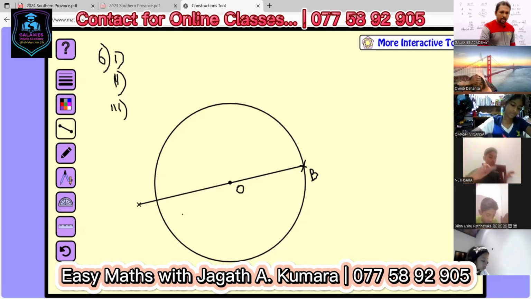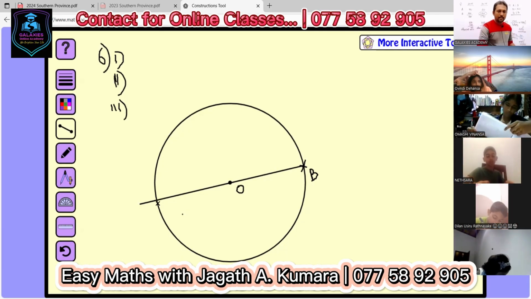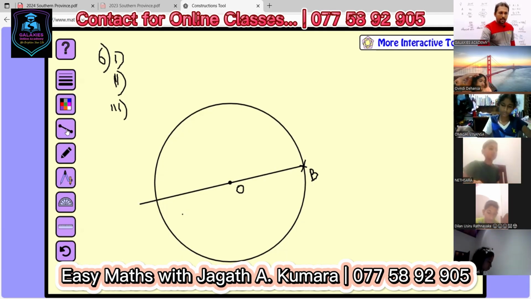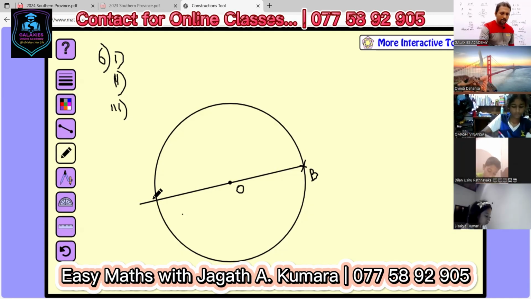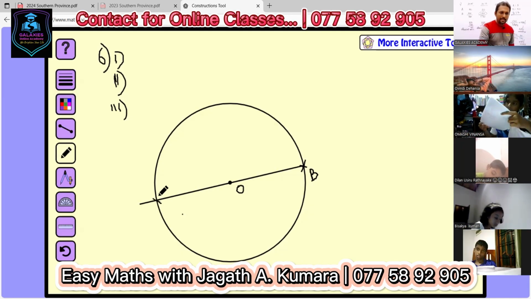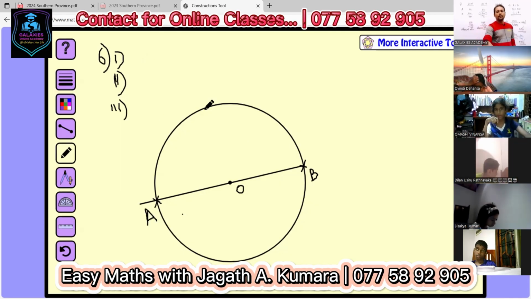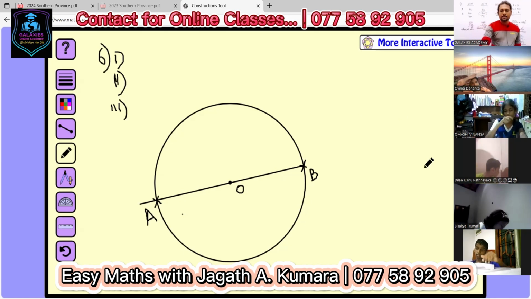Now you can see this line intersects the circle here, no? This point you have to mark, and also this point you have to name as capital A. හරි ඔන්න ඔය intersect වෙන එක capital A කියලා mark කරන්න කියලා කියන්නේ. It is the third part. Okay, step by step you understand this one.